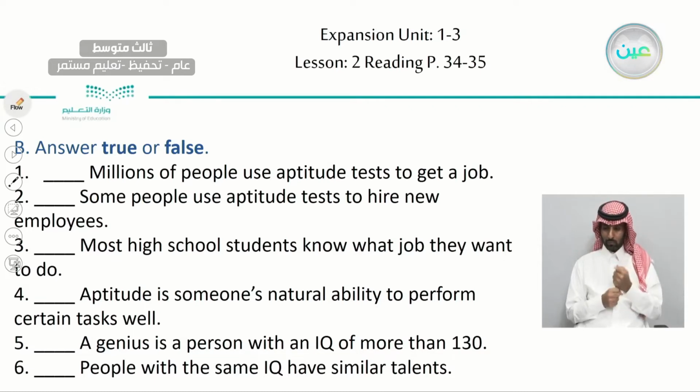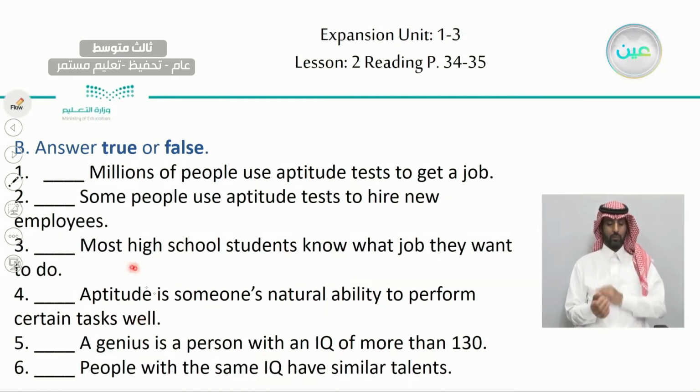Number two, some people use aptitude tests to hire new employees. Number 3, most high school students know what job they want to do. Number 4, aptitude is someone's natural ability to perform certain tasks well.